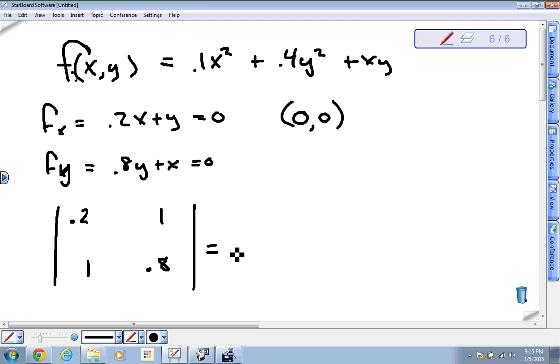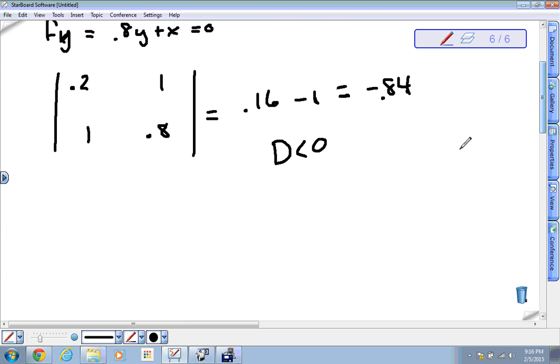And so what you end up with is 0.16 minus 1, which is equal to negative 0.84. Now, because the D is less than 0, it is neither max nor min. And as I say, 99% of the time, you will find it to be a saddle point.